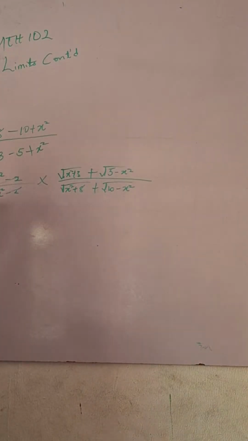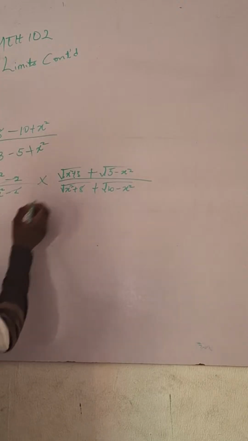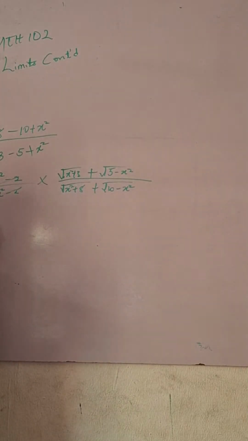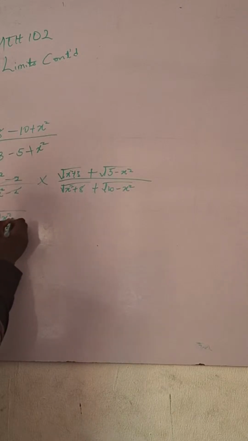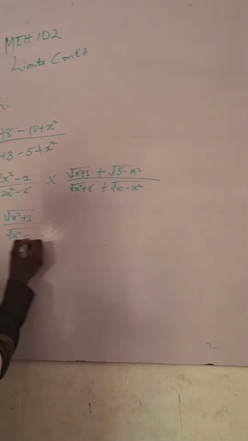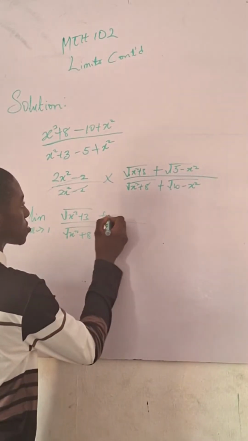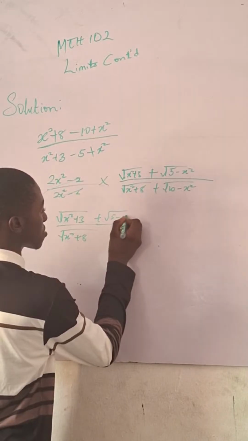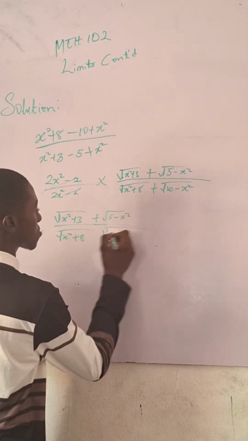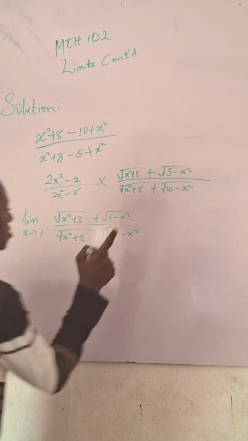So now this can go. We agree, right? This can cancel out. They're the same thing. So it is the limit of x approaching 1 of the square root of x squared plus 3 over the square root of x squared plus 8 plus the square root of 5 minus x squared, the square root of 10 minus x squared. Great.